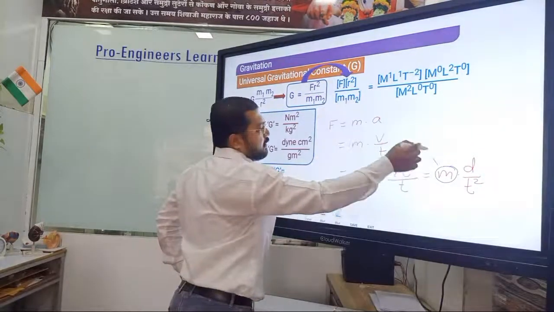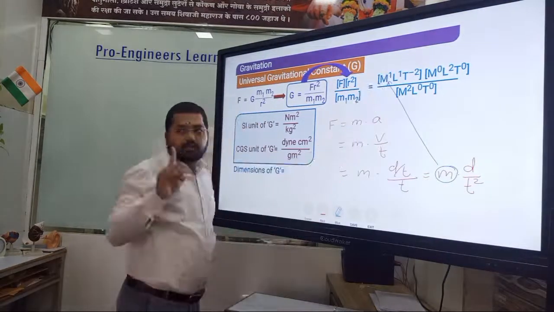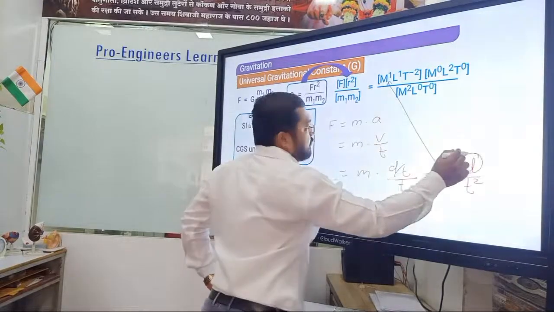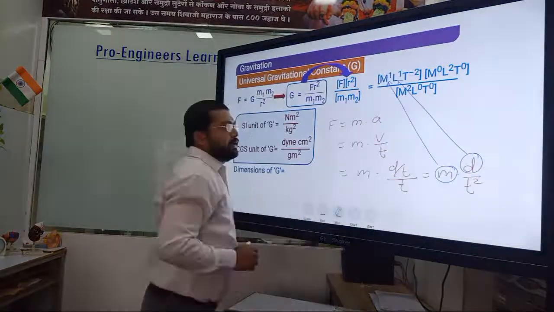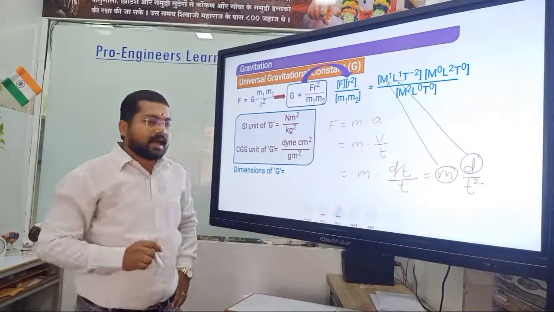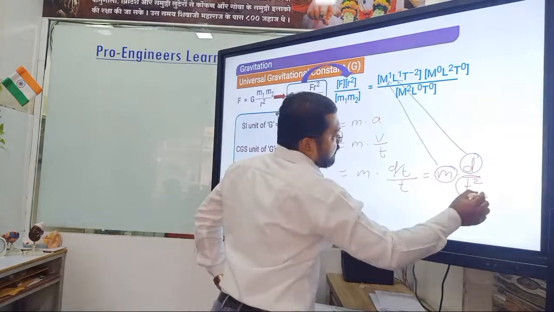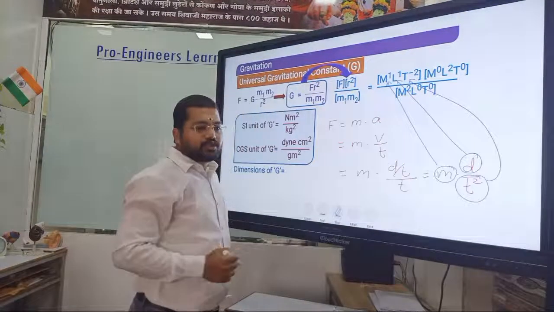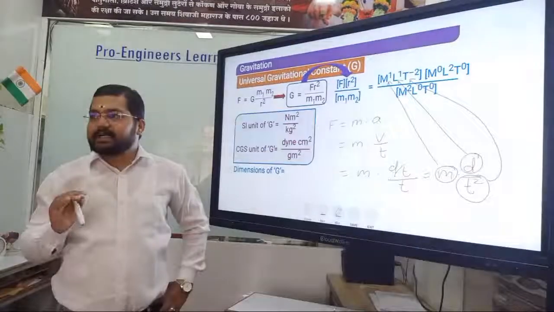So for mass, we will consider capital M, that is 1. For distance, we will consider capital L, that represents length. And for time, capital T. Then why is it minus 2? Because it is in the denominator.